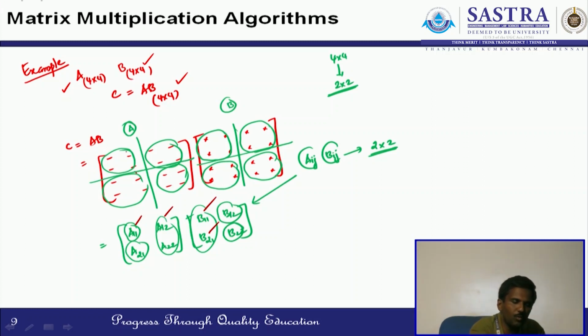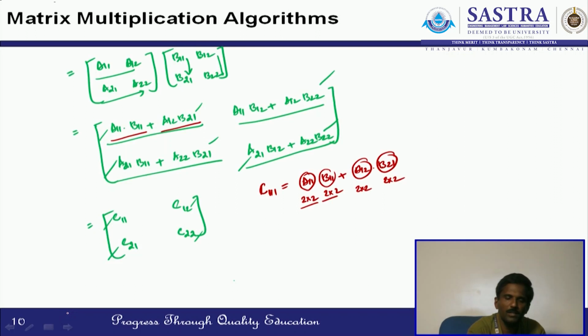Since this is a 2 by 2 matrix and this is one 2 by 2 matrix, A11 into B11, two 2 by 2 matrices are multiplied such that it has this structure. For example, this is A11, this is B11.